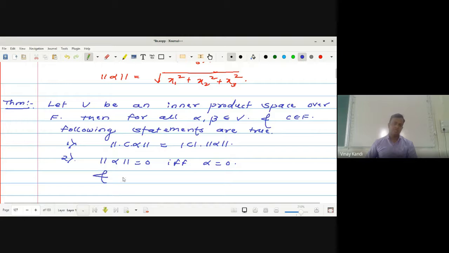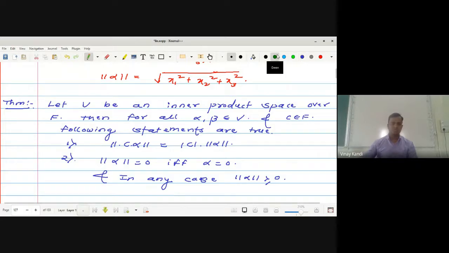And in any case, whatever the value of alpha, the norm of alpha is greater than or equal to 0. That is, the length of any vector belonging to this inner product space is always non-negative.